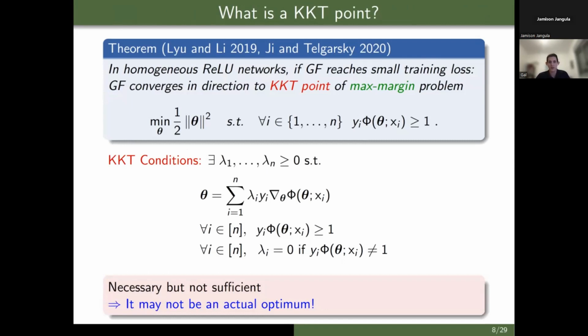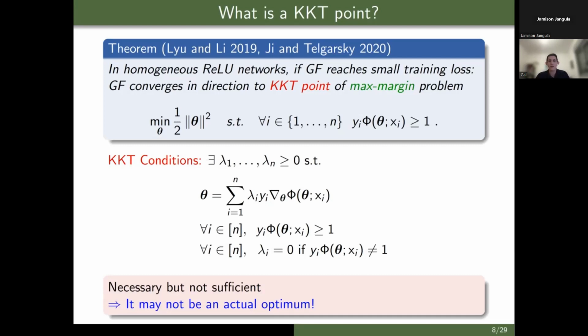All we need to understand is that the theorem guarantees that gradient flow only converges to solutions that satisfy some set of equations called the KKT conditions. And these KKT conditions are necessary but not sufficient for optimality. It means that it's possible that we converge to a KKT point which is not an actual max margin solution, not a global optimum of this optimization problem.